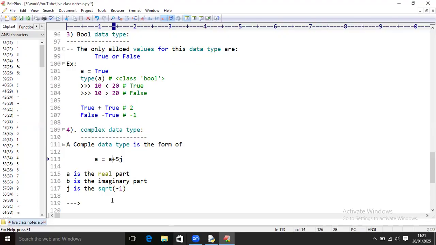For understanding purpose only, I'm going to write like this. We already tried with different kinds of inputs also. It was accepted, so there is no issue.